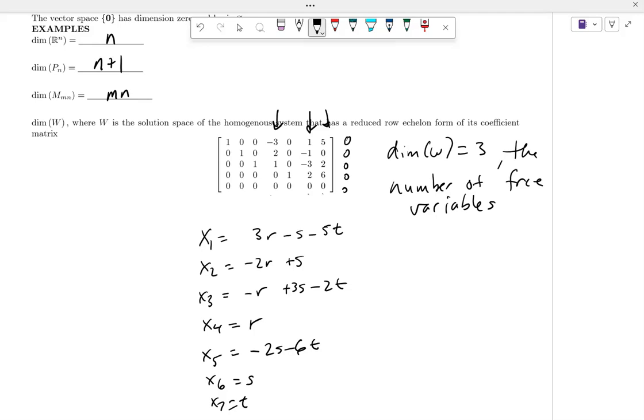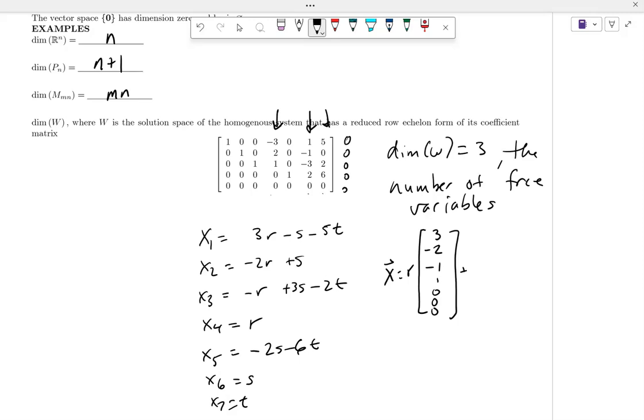Notice we have three different parameters here, right? For the three different free variables. If we think about writing this in that parametric form again, I could write your general solution without having to write the variables over again. I'd have r times 3, -2, -1, 1, and then 0, 0, 0.